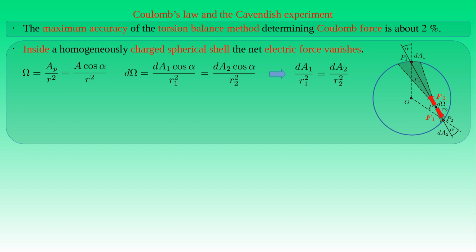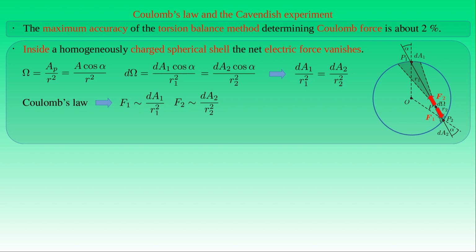If Coulomb's law, or the inverse square law, is valid, then the force F1 is proportional to the amount of charge distributed over the area element dA1 divided by the square of the distance r1. That is, the force F1 is proportional to the area element dA1 divided by r1 squared. Similarly, the force F2 is proportional to the ratio of dA2 to r2 squared.